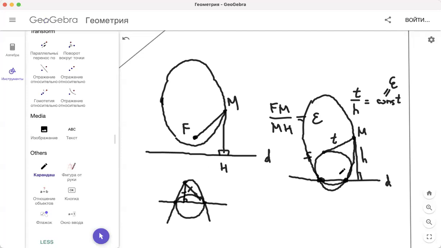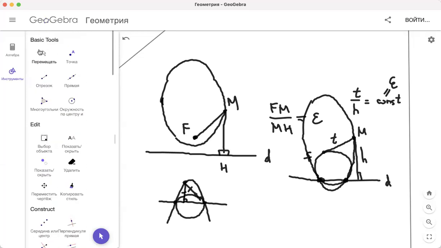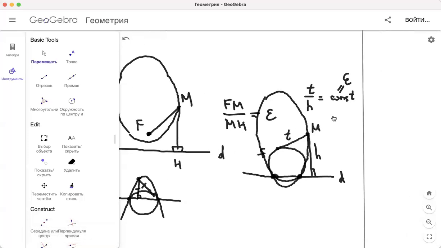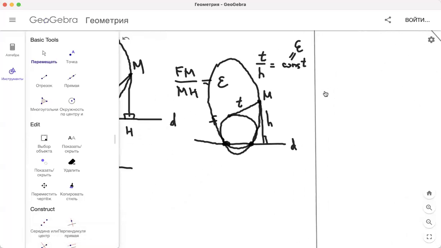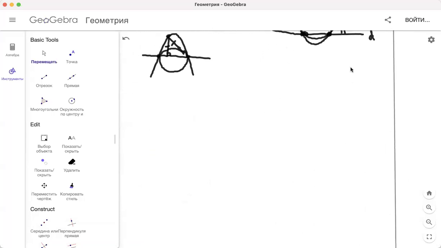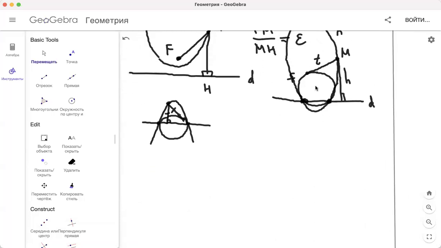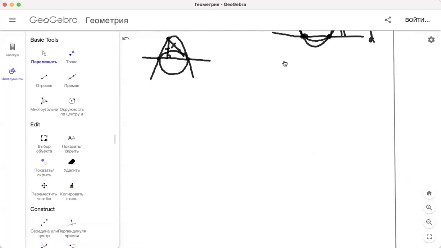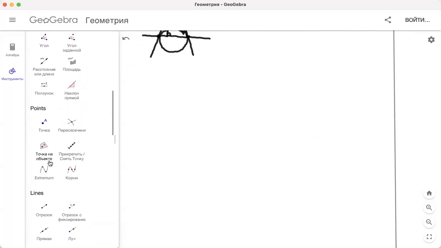This property you can prove in different ways. Maybe I can mention an interesting way using the Dandelin construction. In the case of an ellipse, but it is not hard to generalize.